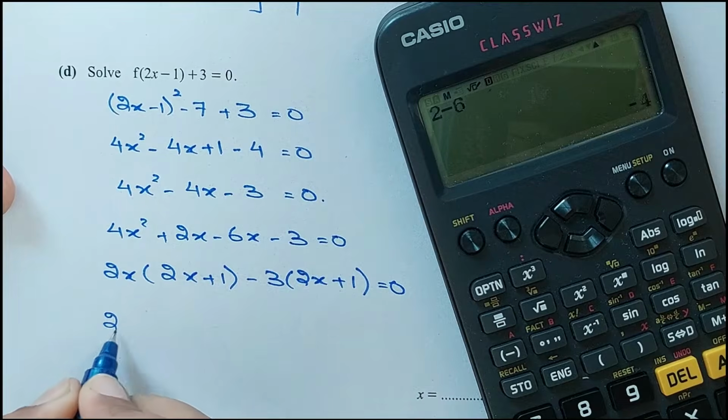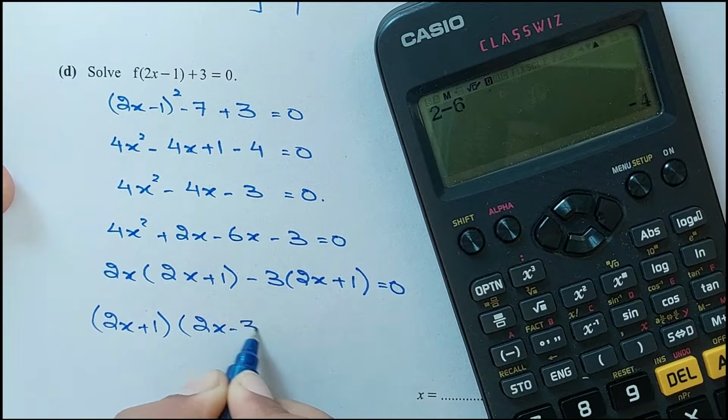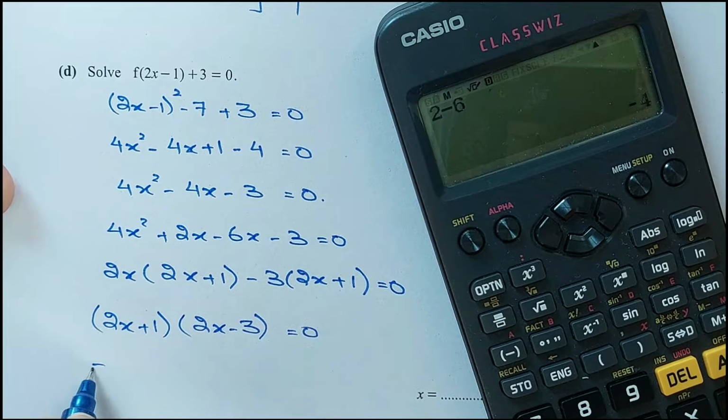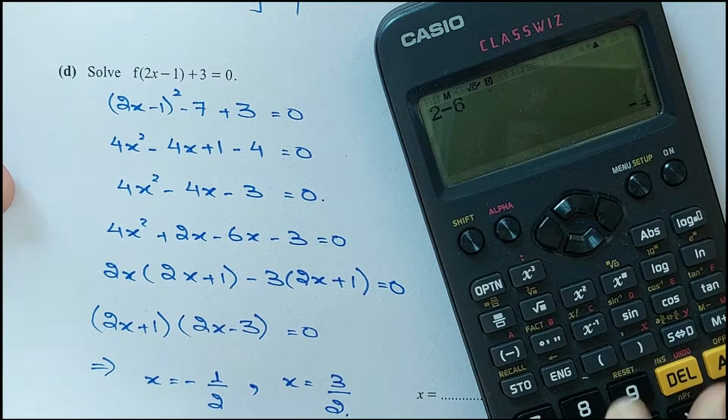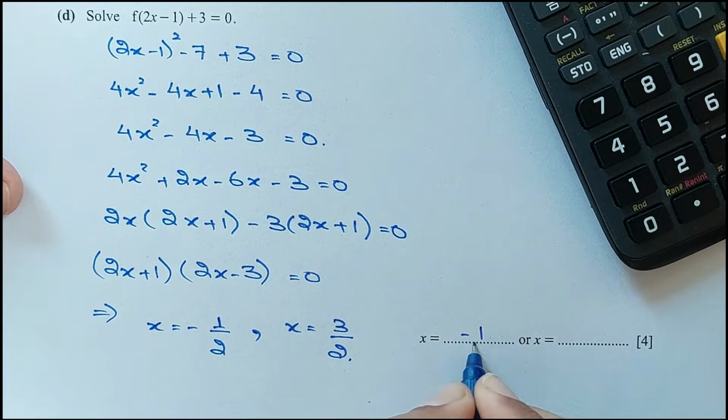So the two factors are 2x plus 1 and 2x minus 3. This is equal to 0. So putting both the factors equal to 0, we have x is minus 1 by 2 and x is equal to 3 by 2. Okay, let me write down both the solutions, minus half and 3 by 2.